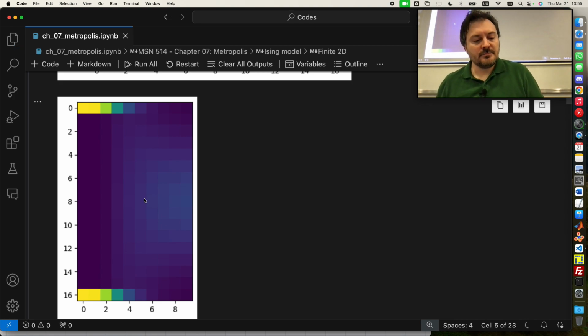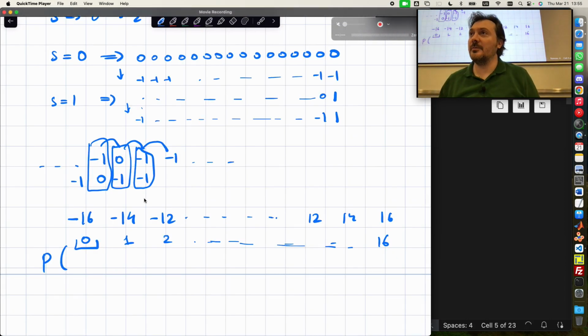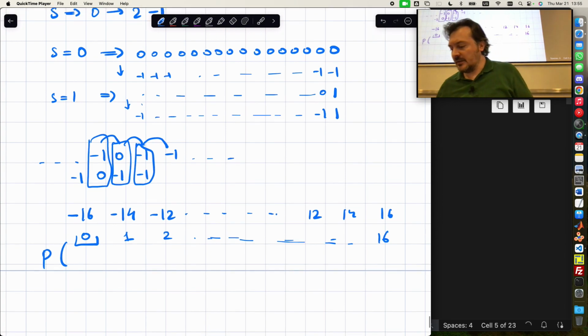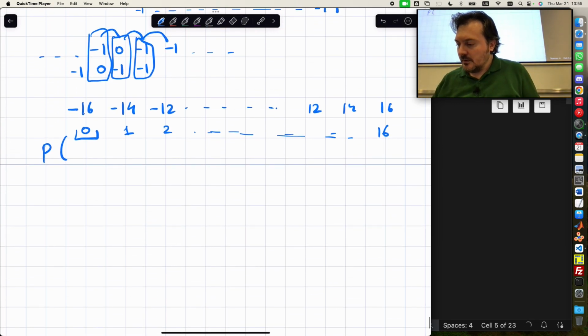But how about a 2D system of magnets, right? Let's look at that one as well. Are you still with me? This time I'm going to take those 16 spins and put them down like this.